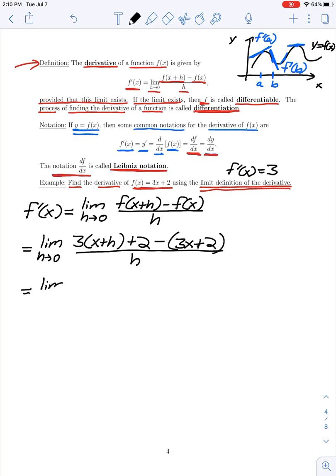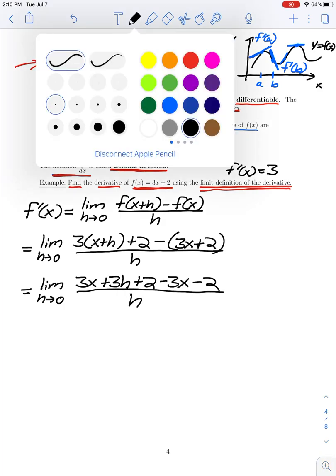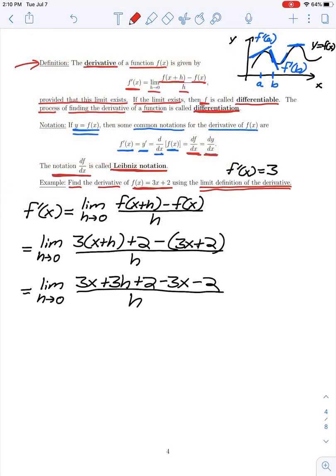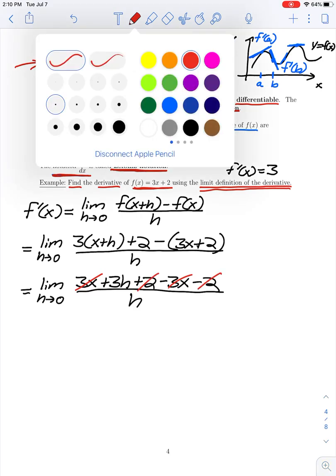So we have the limit as h approaches 0 of, if we simplify in the numerator, distributing our 3, we have 3x plus 3h plus 2 minus 3x minus 2 all over h. So in the numerator, we see that certain terms will cancel, namely our 3x minus 3x and 2 minus 2 cancel.